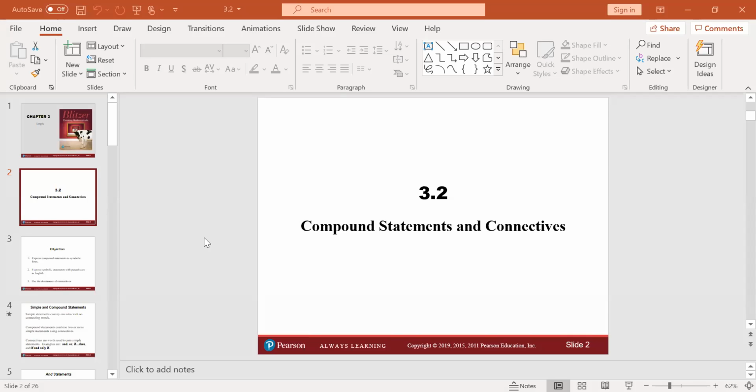What we're going to see is that we can use connectives like the words and, or. You can use phrases like if then: if all poets are writers, then William Shakespeare is a writer. Suddenly you've created a more complicated statement. We call those compound statements.